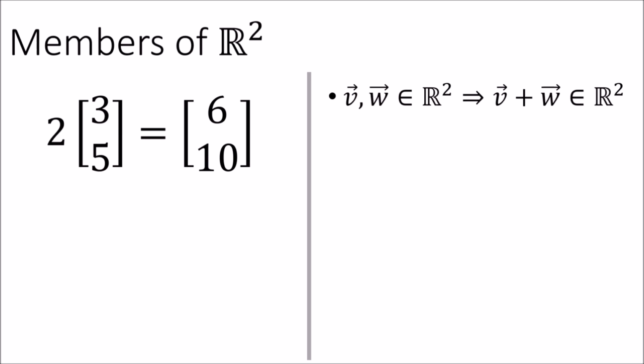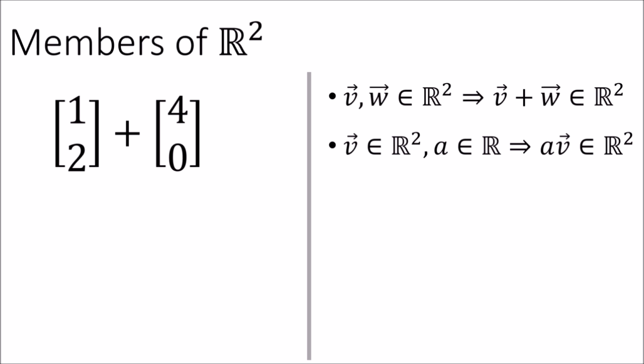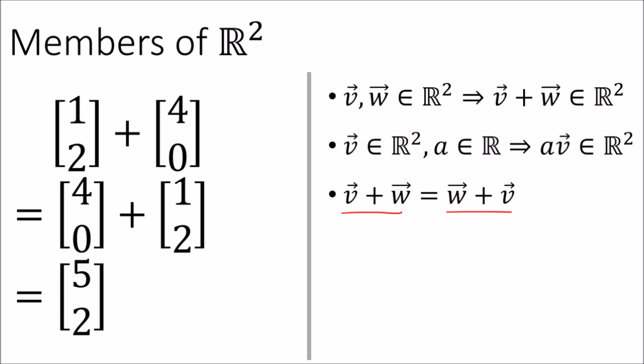Similarly, there's also a reasonable way to scale elements in R2. We just multiply the top and bottom numbers by the scalar, and we get a new element in R2. So given an element v in R2 and a scalar real number, the scaled version of v is also in R2. Another property is that we can add elements of R2 either frontwards or backwards, and we end up with the same result, so the order of addition doesn't matter.